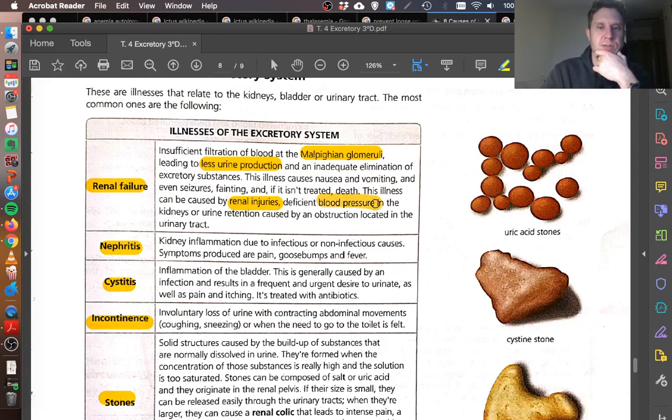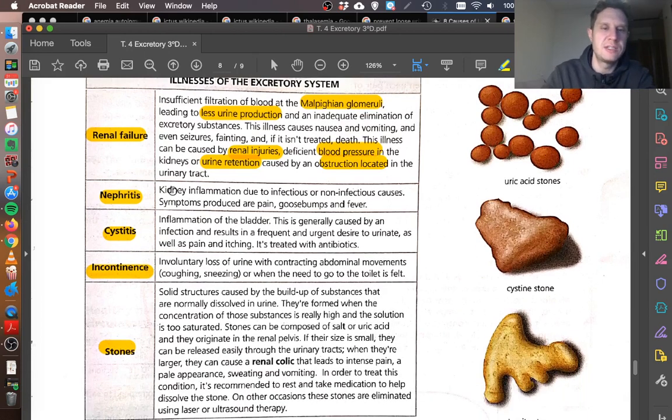Different blood pressure: if we change the blood pressure, it's very likely to cause problems. Renal failure; urine retention, caused by an obstruction in the urinary tract; nephritis, inflammation due to infectious or non-infectious causes, with pain as a symptom; cystitis, inflammation of the bladder because of an infection, so you have the urge to go pee, and it is treated with antibiotics.